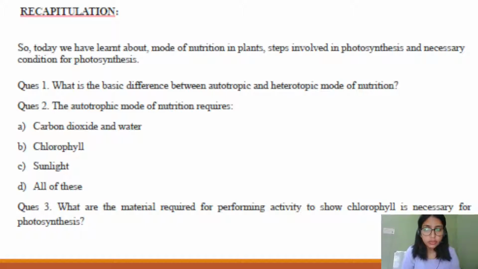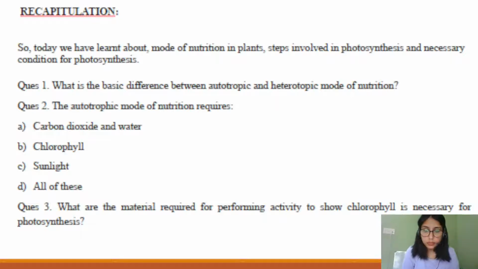The third question is: what are the materials required for performing the activity to show chlorophyll is necessary for photosynthesis? Yes, you will be telling me the materials required for performing the activity to show chlorophyll is necessary for photosynthesis.